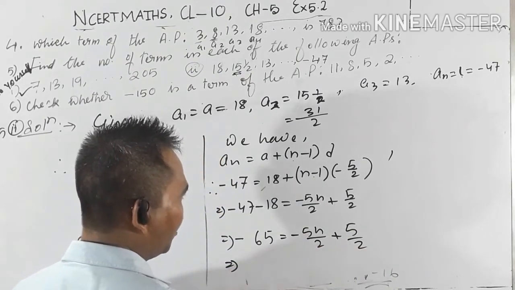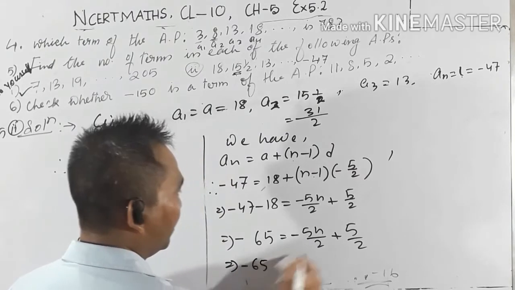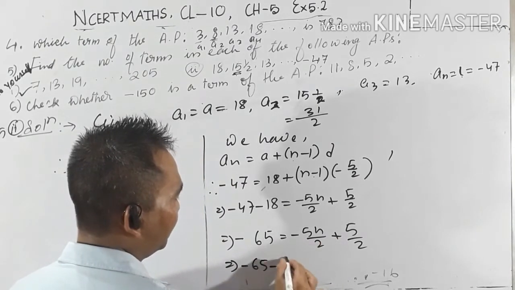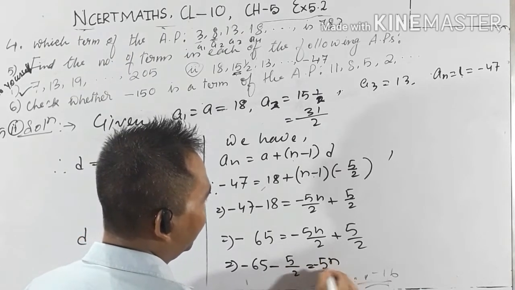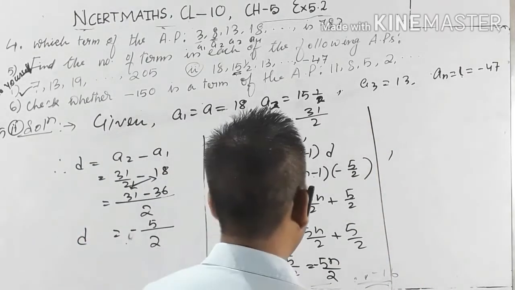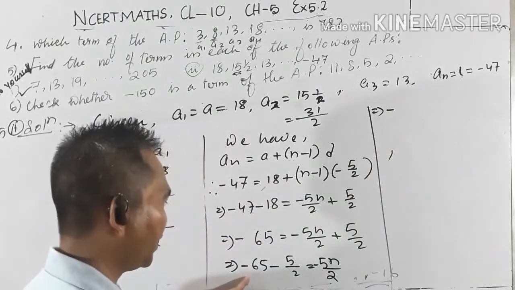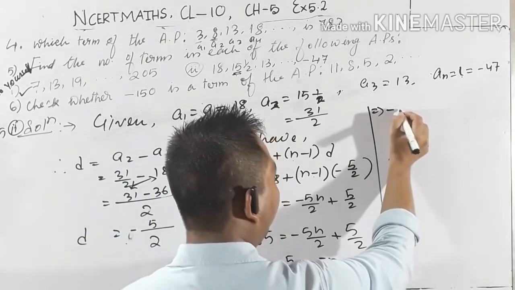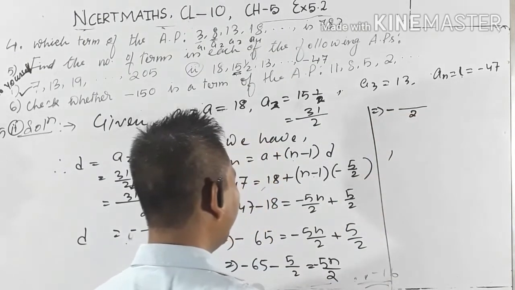Okay, again let us transpose this. On transposing we get minus 65 minus 5, right? Equals minus 5n upon 2. Again you take the LCM. Minus would be continued. So it will be 2, right?